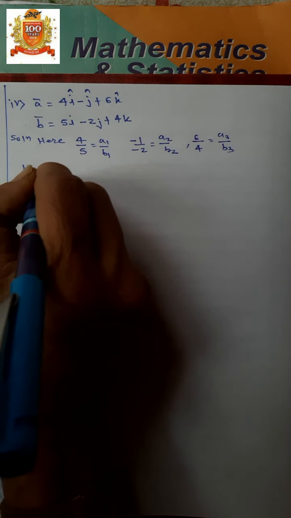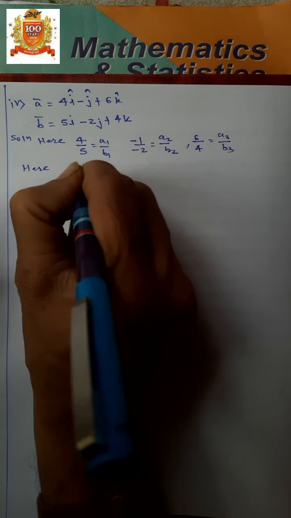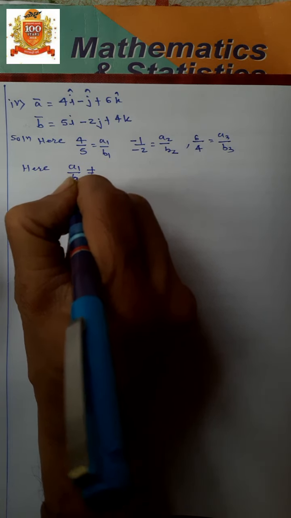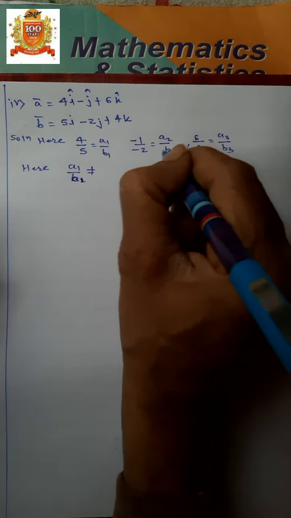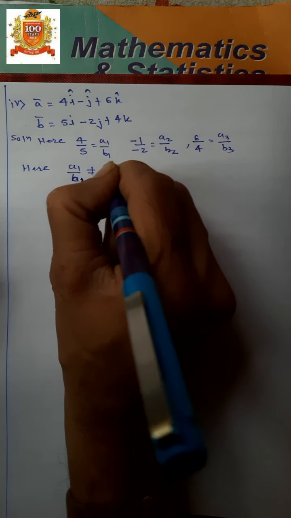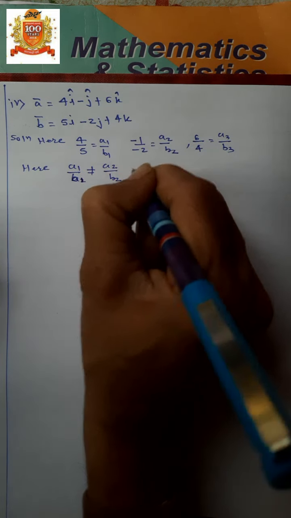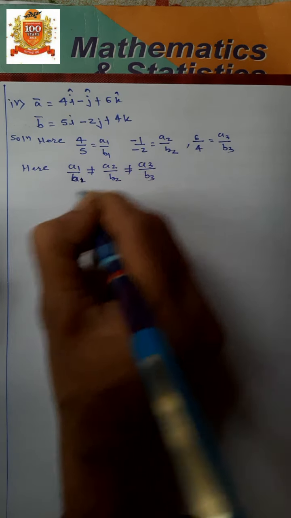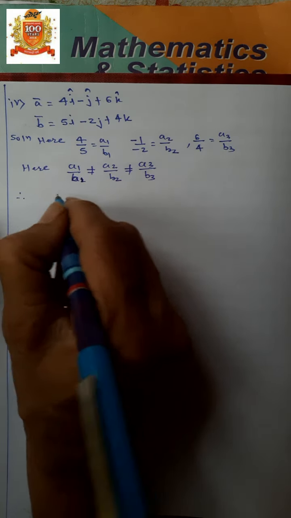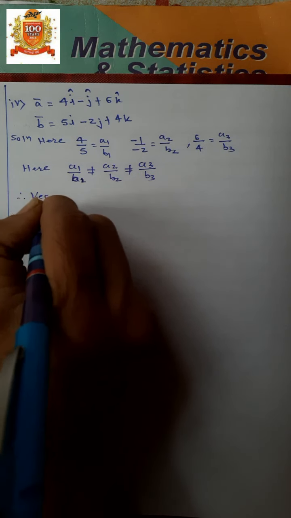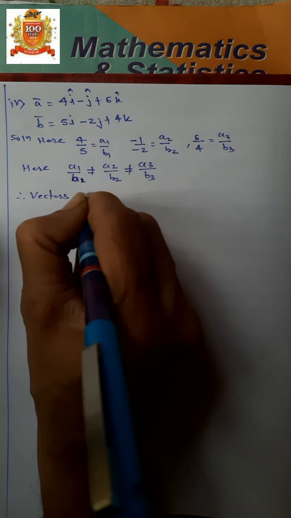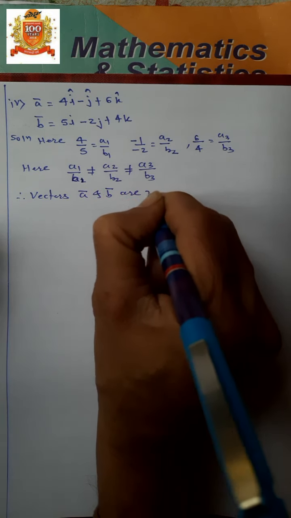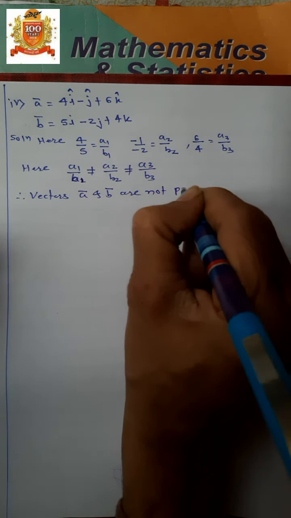Here, a1/b1 is not equal to a2/b2 is not equal to a3/b3. Therefore, vectors a bar and b bar are not parallel.